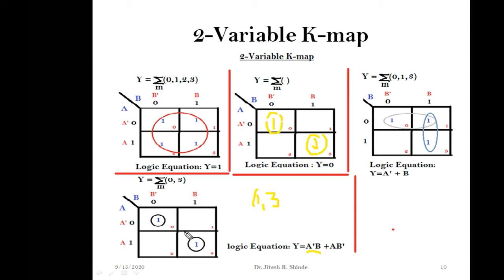A, B, for 0 and 3. So the equation here I will be slightly modifying. Here I will be getting the first expression A bar B bar, and here I will be getting AB. So this expression A bar B bar plus AB simply represents the XNOR gate, A XNOR B. I can write it in this way as well.